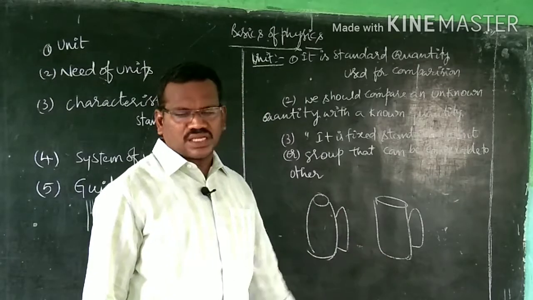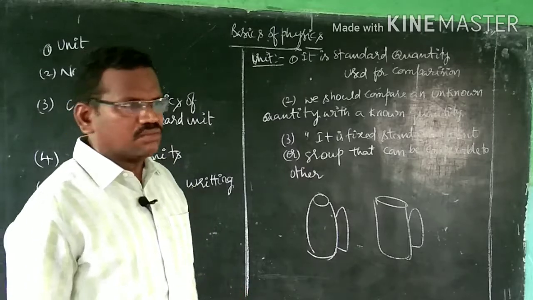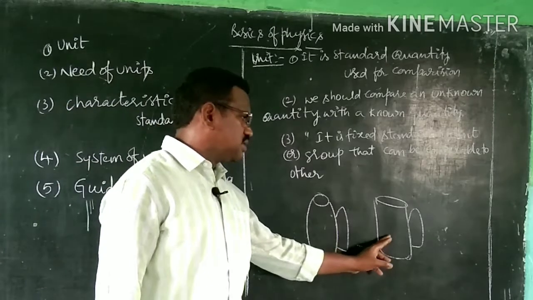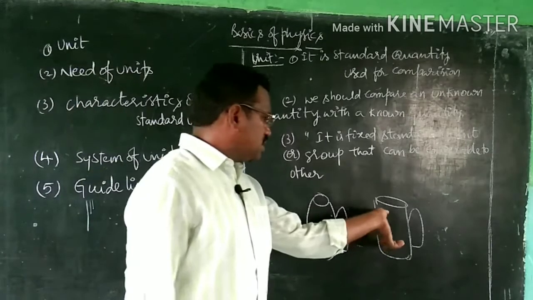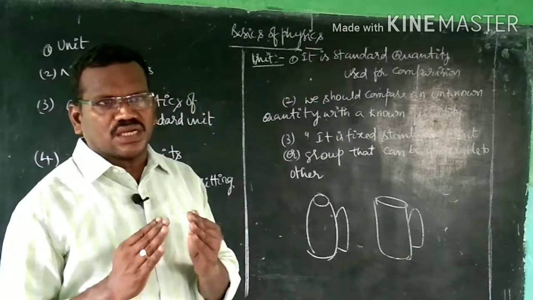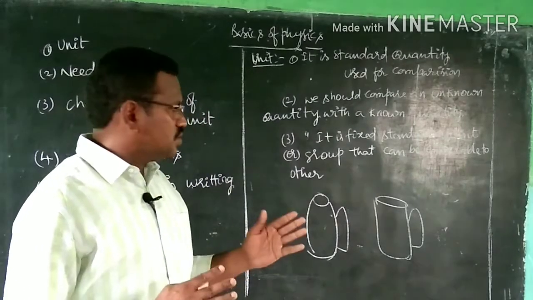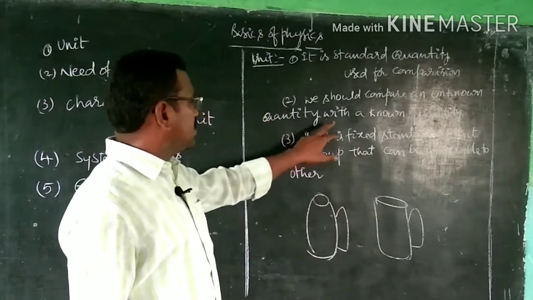If you observe the milkman, whenever he pours the milk, we use this kind of liter measure. Now, this is the standard quantity. To measure the quantity of milk, we utilize a standard comparable quantity. That is the definition given.